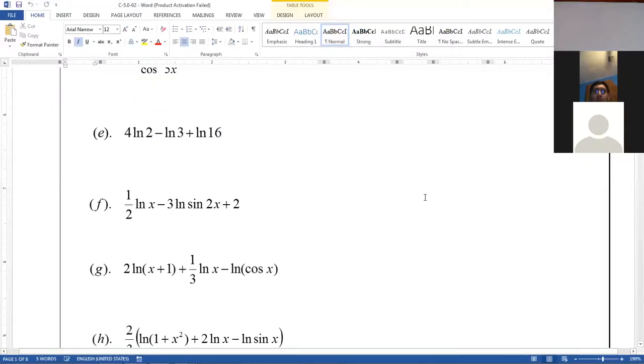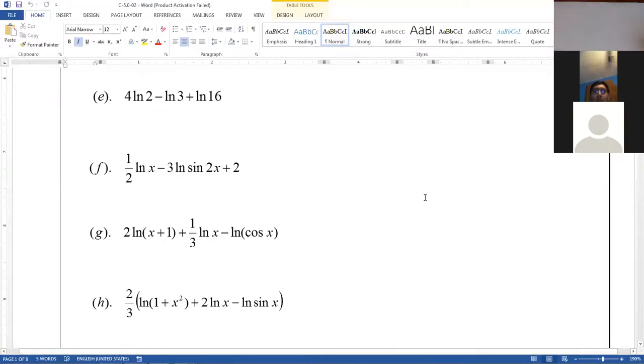Another example, but now in reverse order. So if you see the screen right here, you're going to see that now you have the expanded expressions. So we're going to compress them. Let's do the first one: 4 ln 2 minus ln 3 plus ln 6.